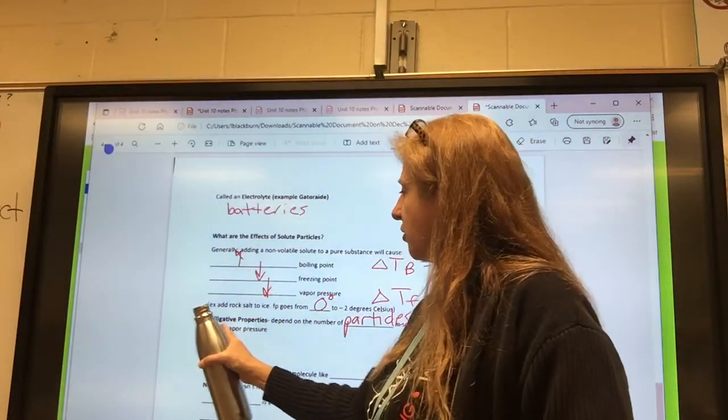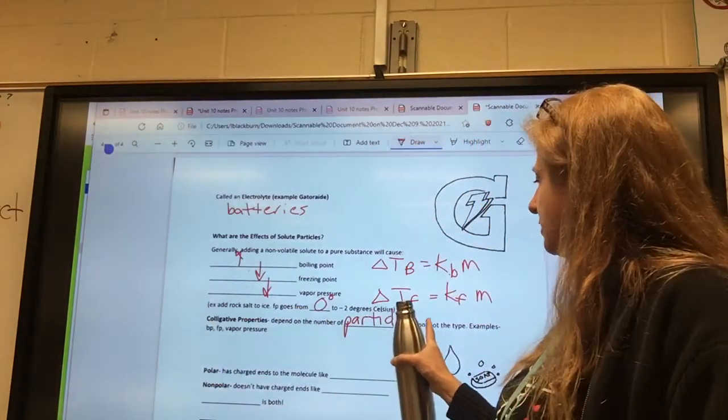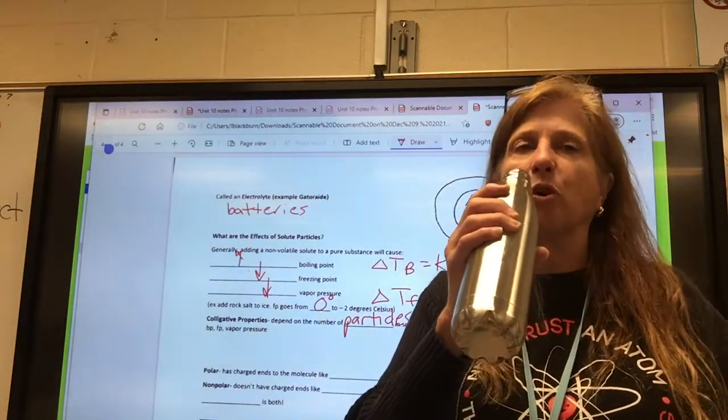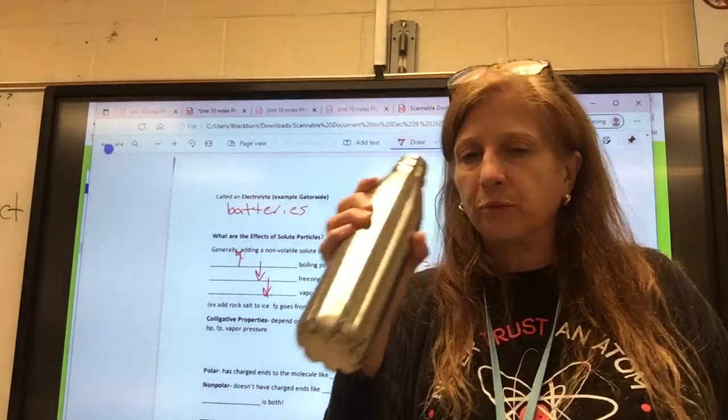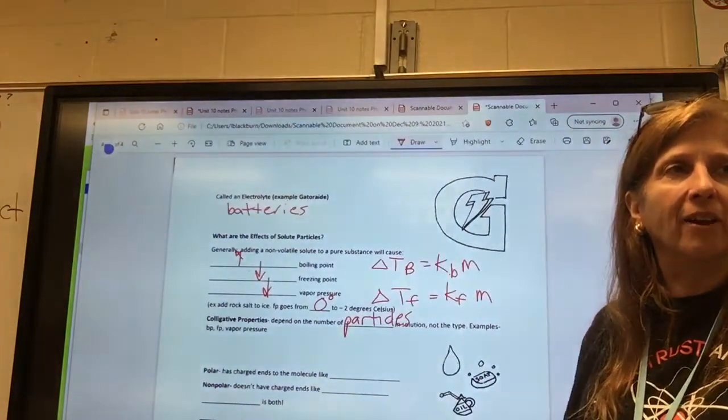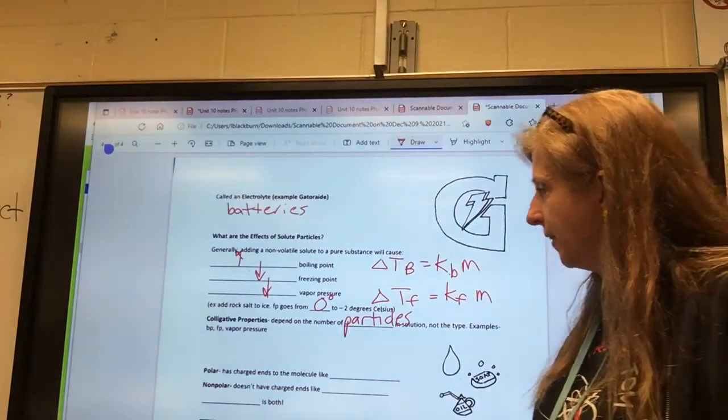How much salt you add is going to change that. More salt, more property. If you go in your driveway with the salt shaker, it probably isn't going to help. It takes a lot, right? They really put a lot there.